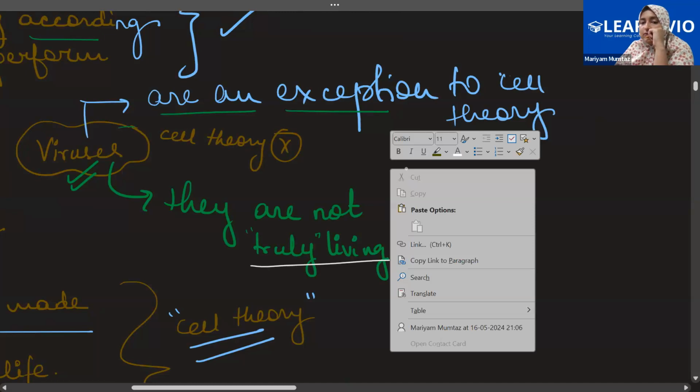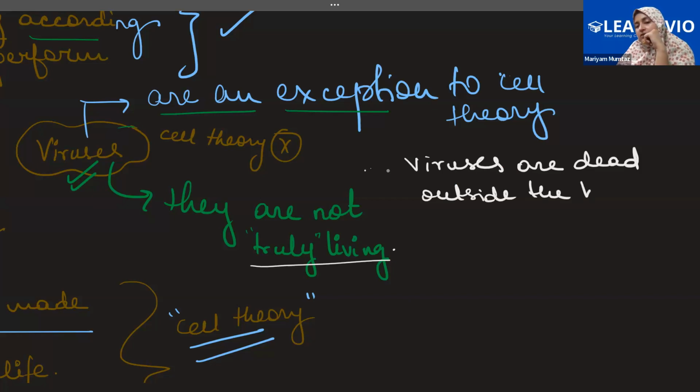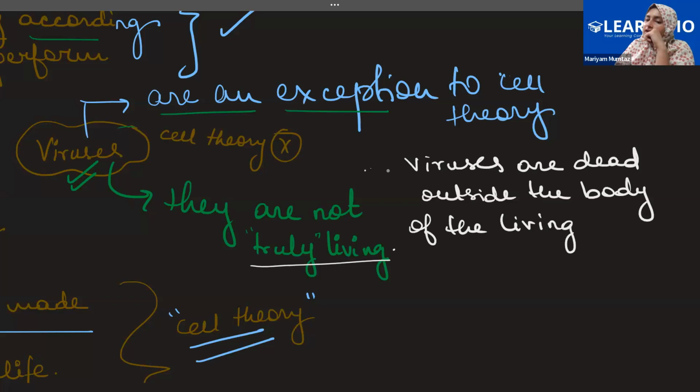Mostly what happens is that viruses are dead outside the body of the living organism. So when it is not infecting any organism, the virus is dead.